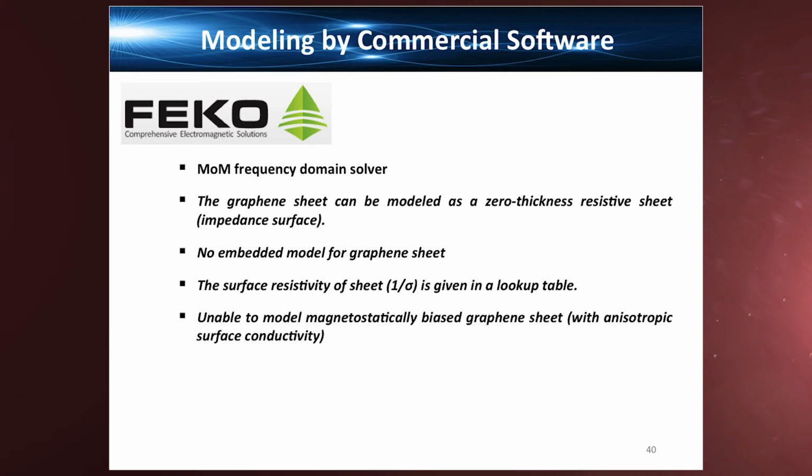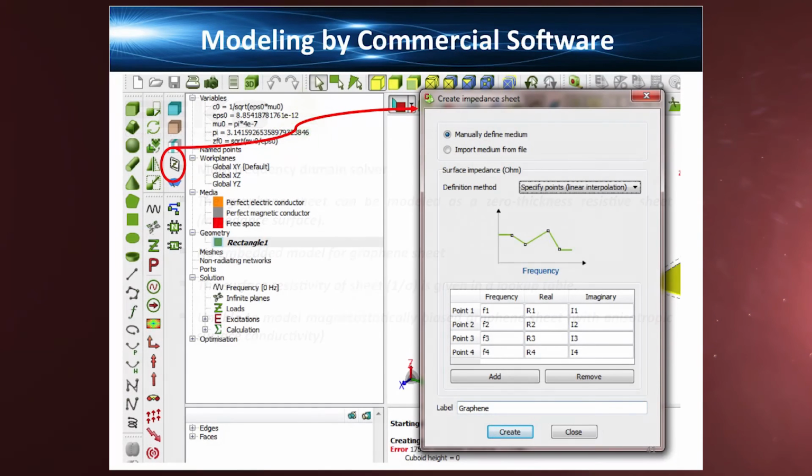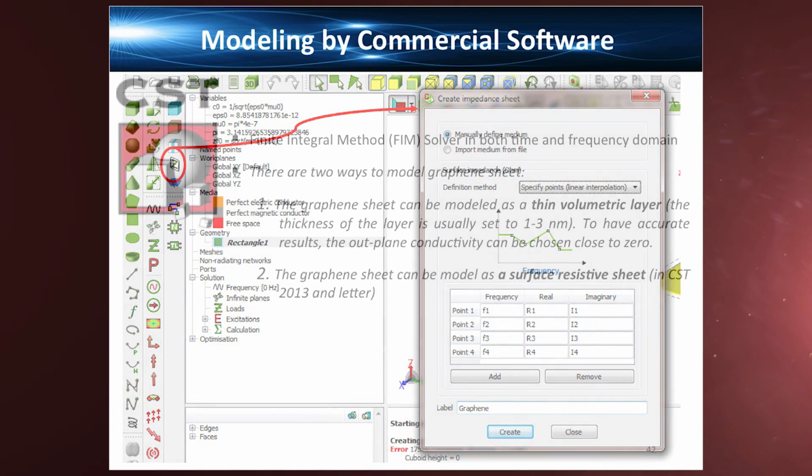Here, in FEKO, you can create an impedance sheet and give the real part and imaginary part of the surface conductivity in a lookup table in terms of frequency.